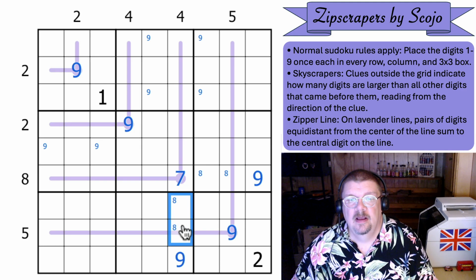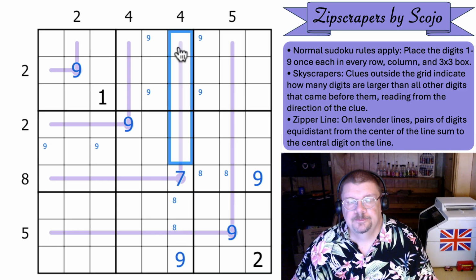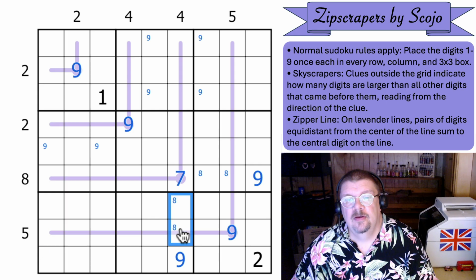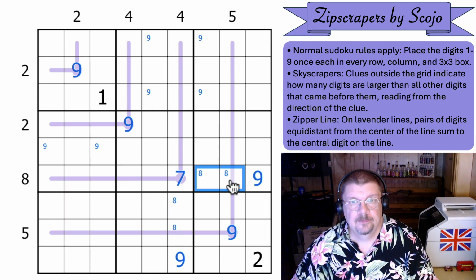And then this will be the digit from this arm that is missing. And therefore, the two digits that go with the 8 must sum to 7.